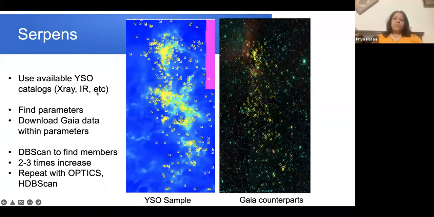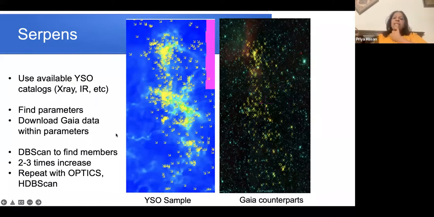We matched this to our Gaia data, and we used this to get the parameters for these YSOs, essentially because we want to clean our data. If the data has too many field stars, then it is very difficult to clean it to derive a good cluster sample.